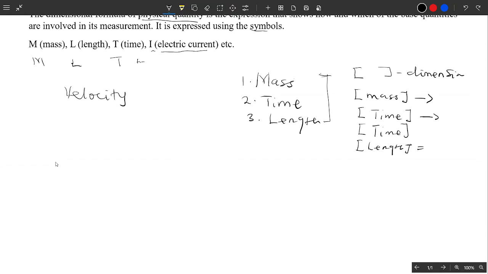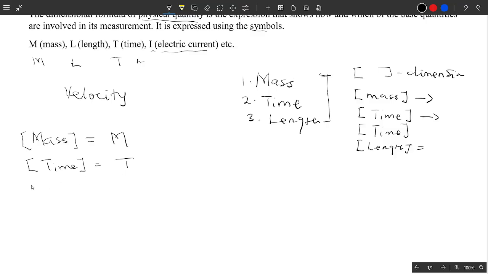All right. Basing on this, let's go back to this point. Now, the dimension of mass is given as what? Capital M. Dimension of time is given as what?